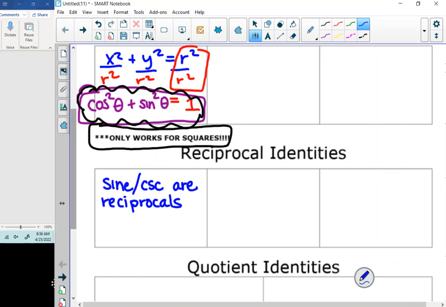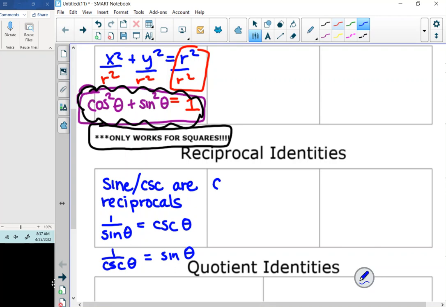That means 1 over sine is equal to a cosecant, and 1 over cosecant is equal to a sine. We already knew that. So if we have a sine, we could replace it with 1 over cosecant. We hardly ever do that because that's not usually our favorite thing to do. But if we have a cosecant, we can replace it with a 1 over sine.